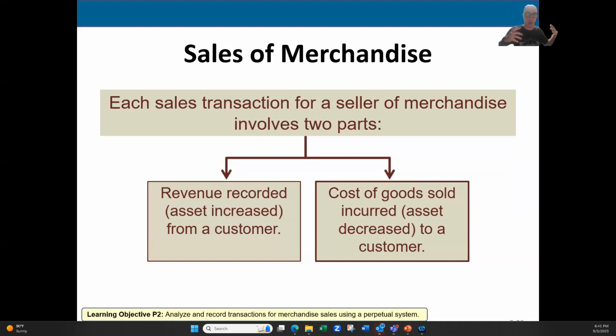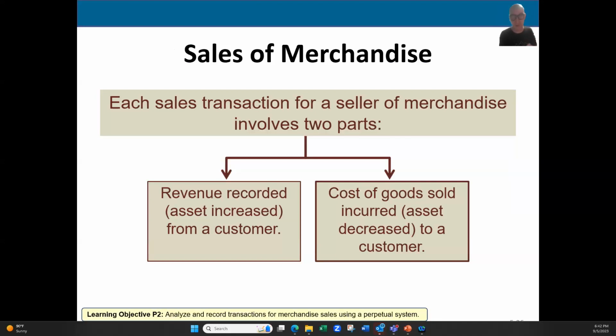The company sells merchandise. There's two things that are happening here. There's really two transactions that occur every time I sell a product. Of course, they happen very quickly, automatically, really. One is a transaction representing the sale itself.